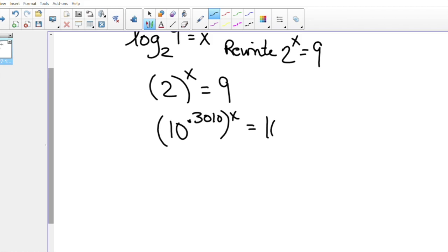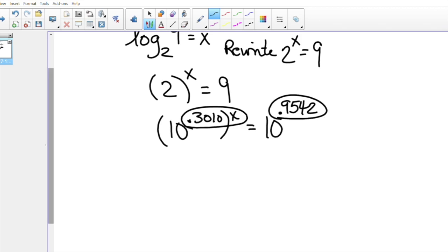Well, that would be 10 to the 0.9542. Now, since the bases are the same, the exponents are equal.